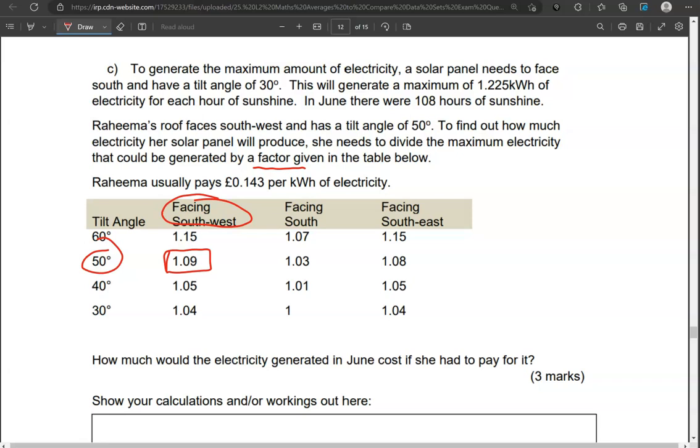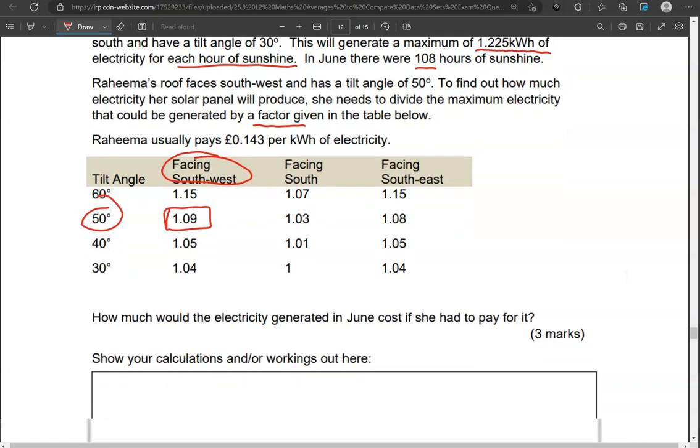How do we work out the maximum electricity that could be generated? We're given the information here, which says that to generate the maximum amount of electricity, a solar panel needs to face south and have a tilt angle of 30 degrees. This will generate a maximum of 1.225 kilowatt hours of electricity for each hour of sunshine. In June, there were 108 hours of sunshine. So we'll do 108 times 1.225.